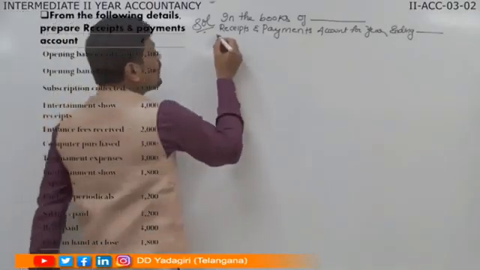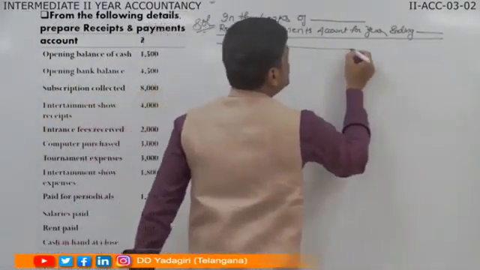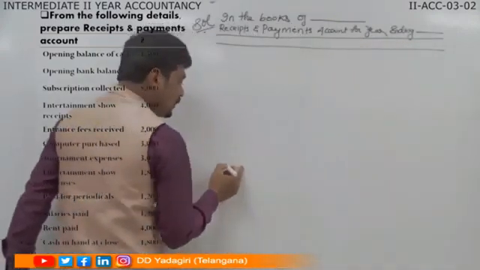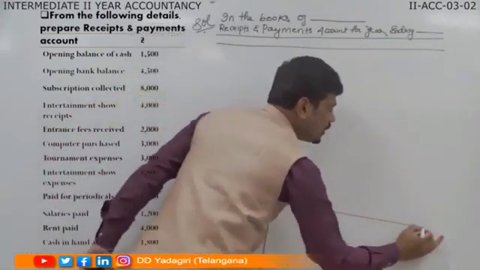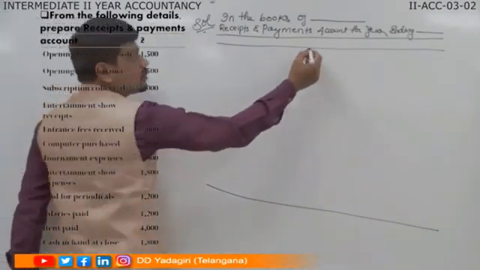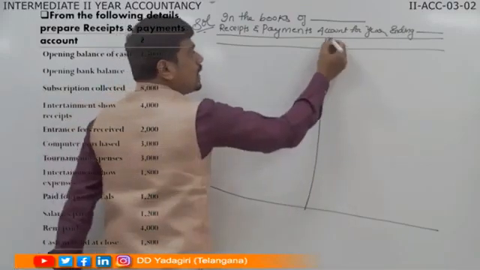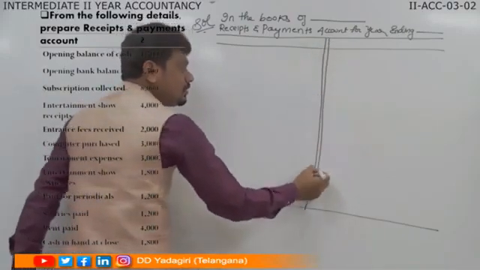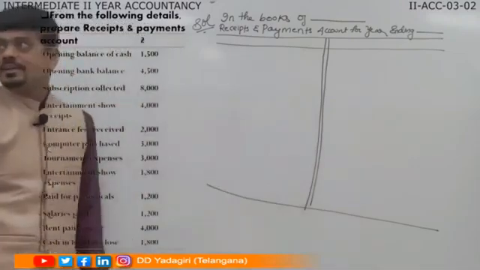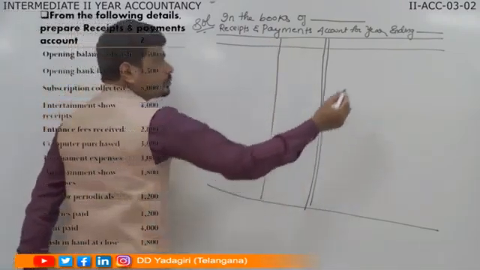Now we are going to draft the receipts and payments account, and that should be for about 8 to 10 lines. We'll draw the account. Now keep the scale in center and divide into two parts, that is the receipt side and the payment side. Then amount column.